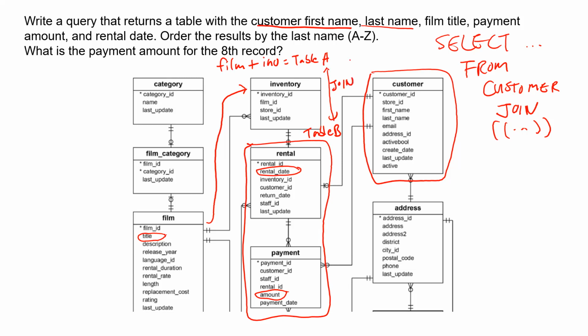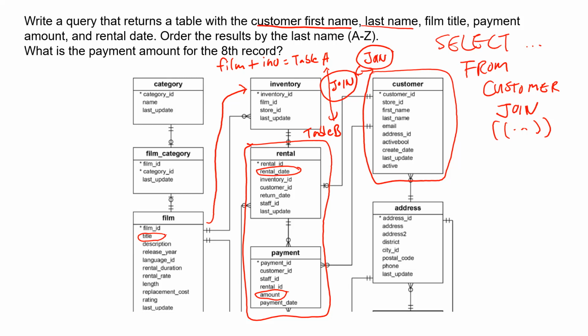And finally, you do a join between this final table and the customer table. This will be the final join. So we're really looking at 1, 2, 3, 4 joins. That's one strategy.